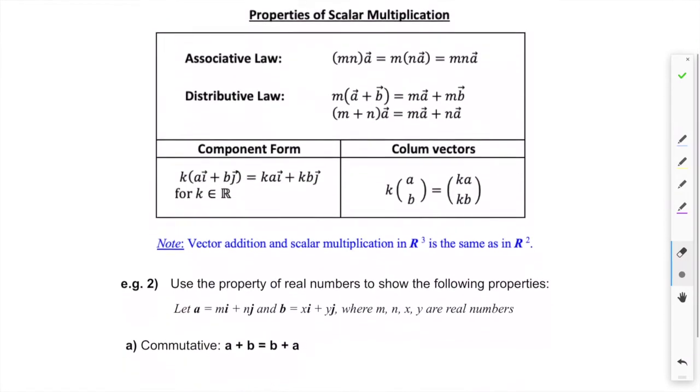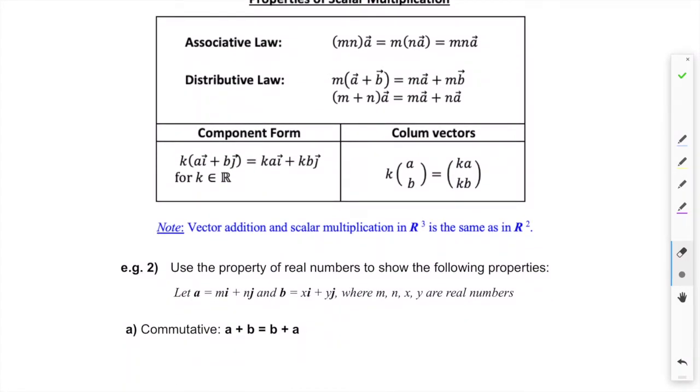In terms of properties of scalar multiplication, we can apply the associative law and distributive law when we deal with vectors. So m times n, two scalar values multiplied together times vector a, is the same as multiplying m by the scalar multiple na, resulting in still a vector quantity.